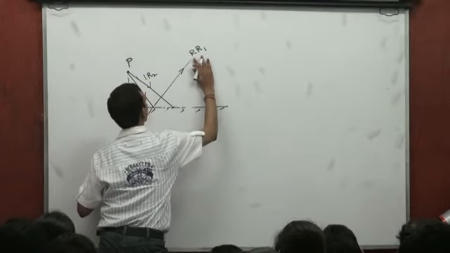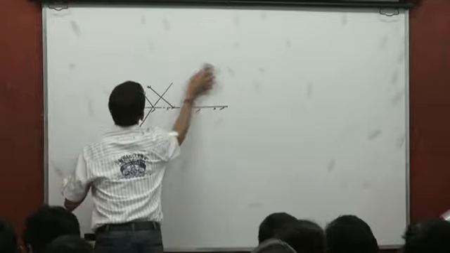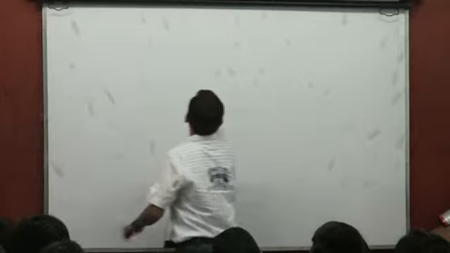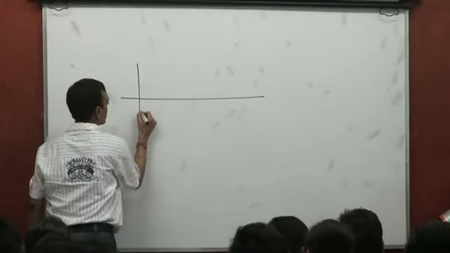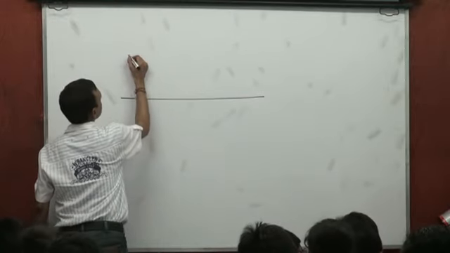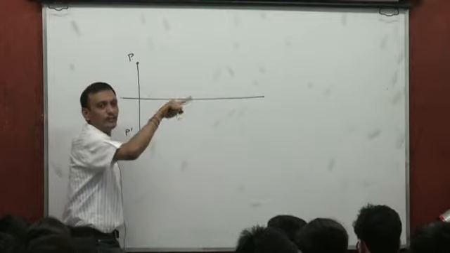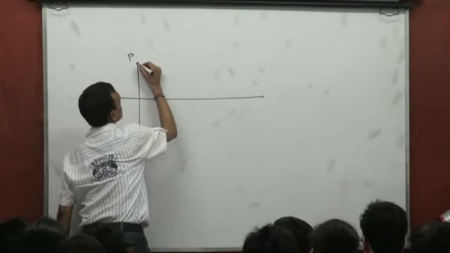A little bit of a badly drawn figure. I'll redraw it so that you're not confused. I don't want to add confusion. Object P, and we know the image is P prime. I'm just doing a backward calculation so that geometrically it fits.